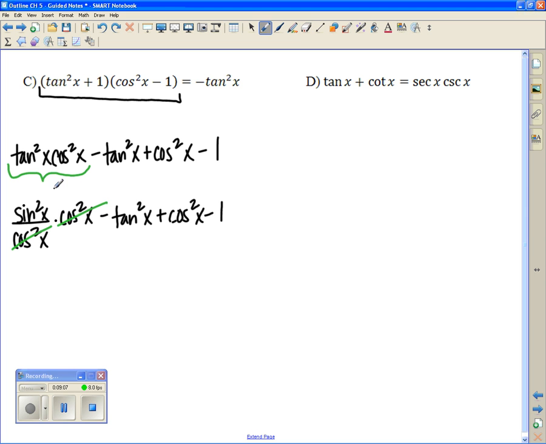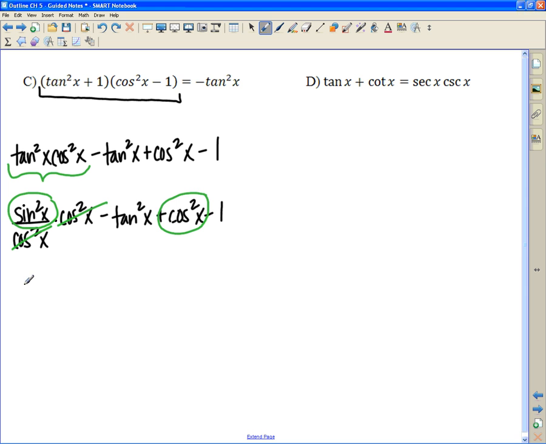Instead, what I think I'll do is I'll take this sine squared and this cosine squared and change that to 1. So if it's not obvious to you, I'm going to go ahead and write it in order. Sine squared x plus cosine squared x minus tangent squared x minus 1. I put these together to show you that this is really 1 minus tangent squared minus 1.